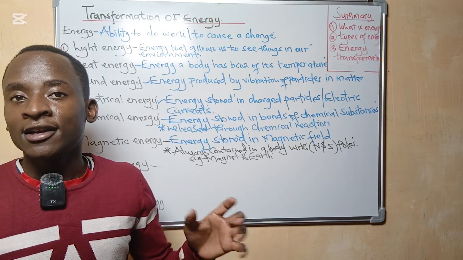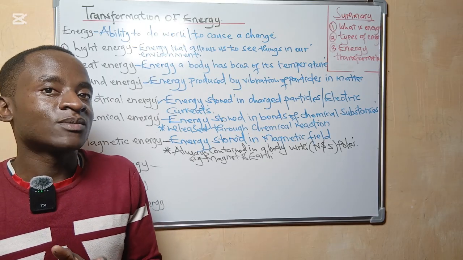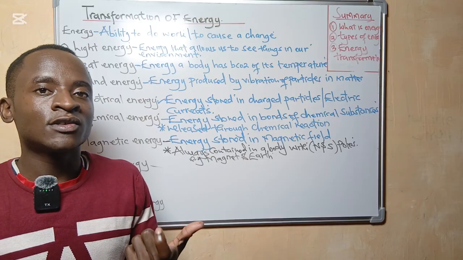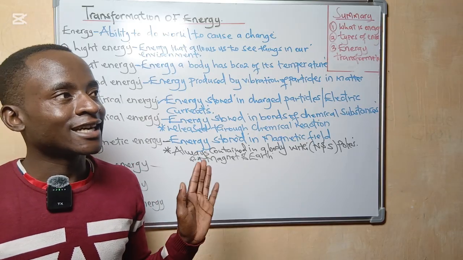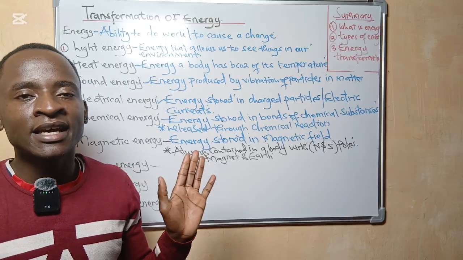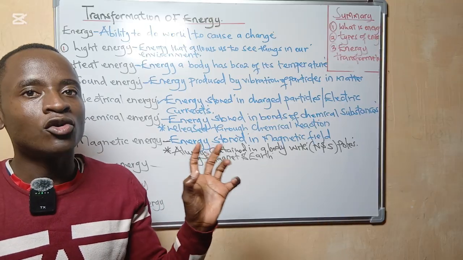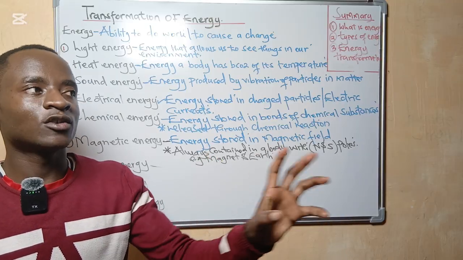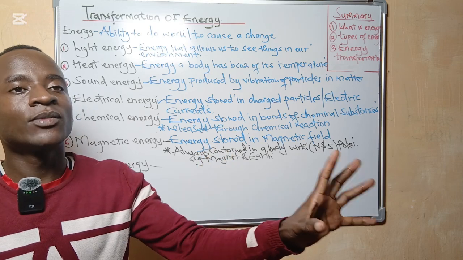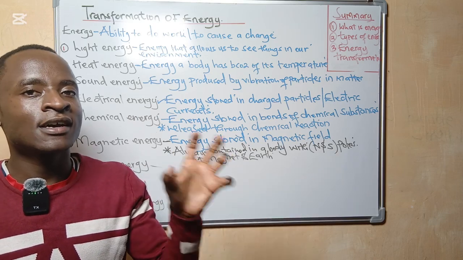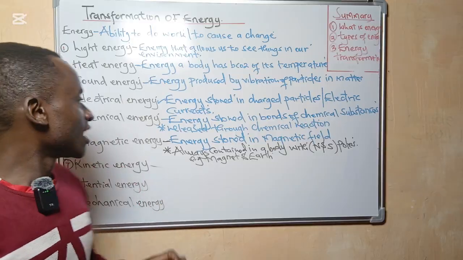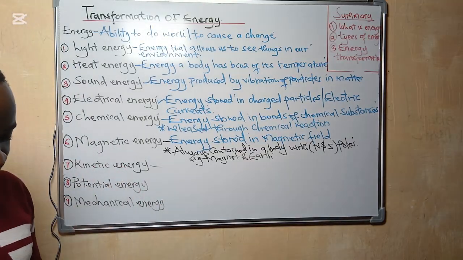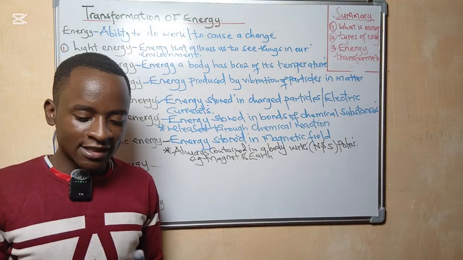Under the kinetic theory of matter, we say that matter is made up of small particles which are continuously moving. And we mentioned that kinetic means the movement of a body, or movement of something. Kinetic, an object is moving. Now, what is kinetic energy?